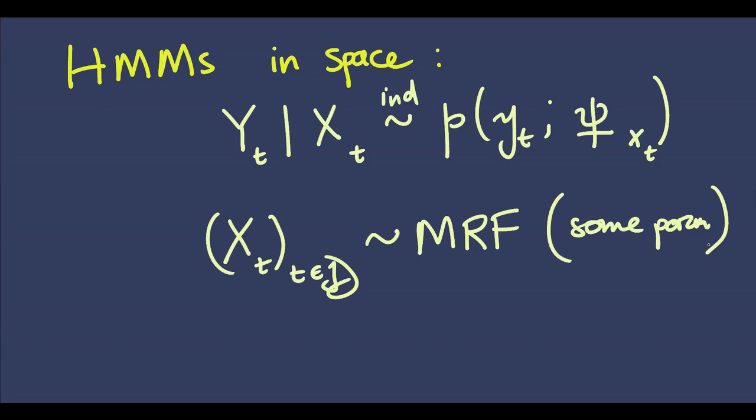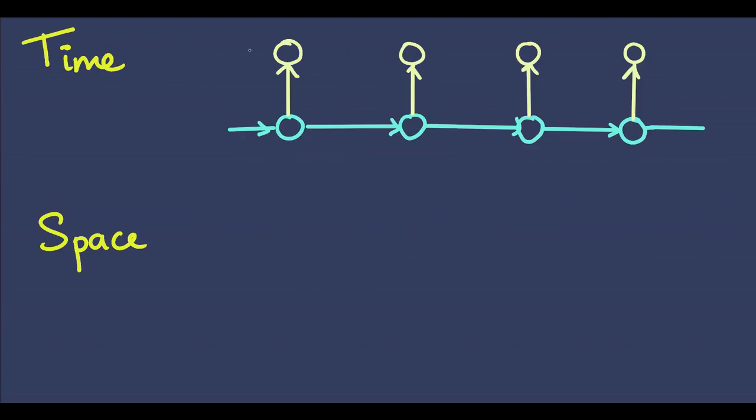Okay, so what we do is just draw a graph of that, and maybe compare the graph for the HMM in time versus the HMM in space. On the top level, we have the observations.